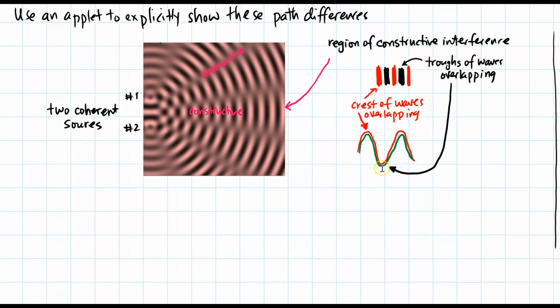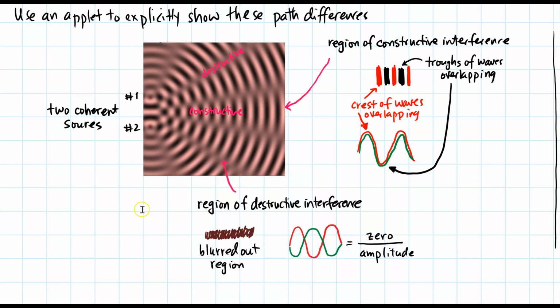It's the troughs of the waves overlapping. So this literally means constructive interference. If you look at a region of destructive interference, you get this blurred out region. This implies that I have out of phase waves, where I then have zero amplitude. Therefore, this is a dark region.